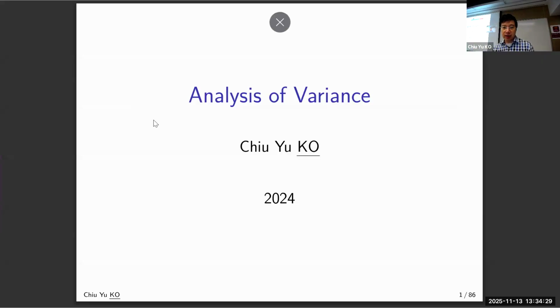As you can see, it's ANOVA, analysis of variance. And if you recall, this is a special case or general case of a 2-sample t-test of same variance when extended to more than one group, right?